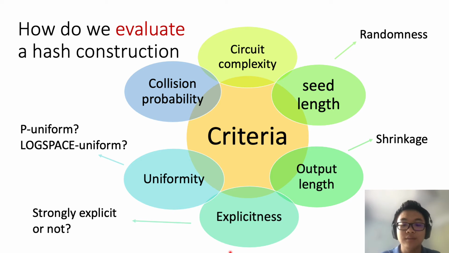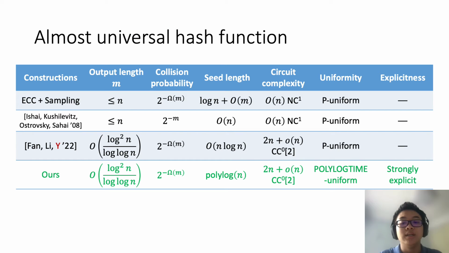Okay, I haven't even defined the strongly explicit yet, but never mind, you can just think of it for now as something local about the hash function can be printed in polylog time, as things are for the expanders and others. I will define it later. These two, uniformity and explicitness, are essential for our applications in hardness magnification and PRFs. Okay, now let's take a look at what is previously known and what we get in this paper.